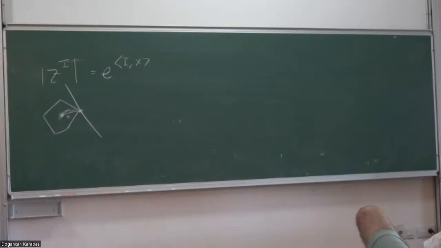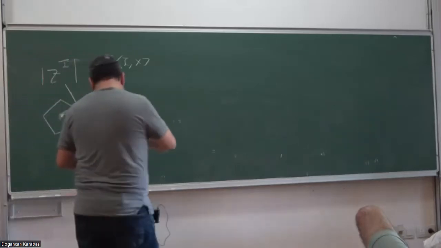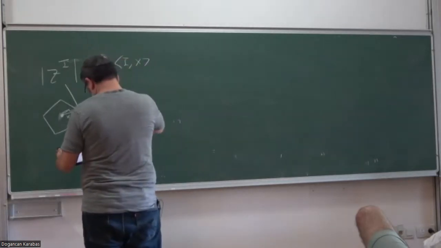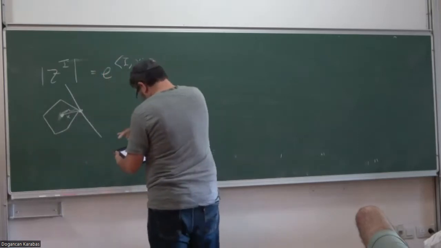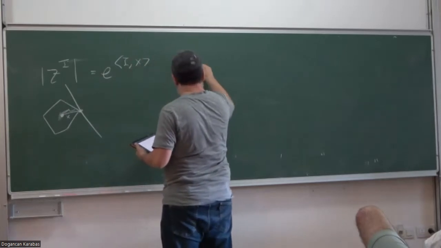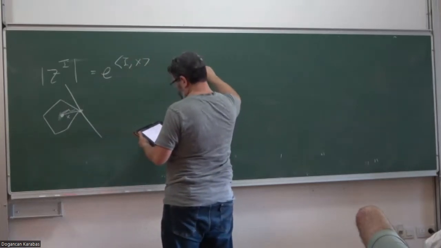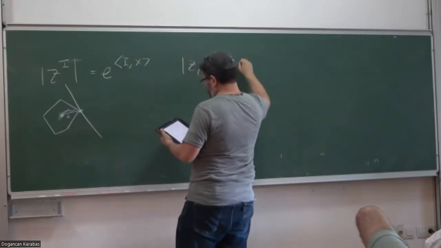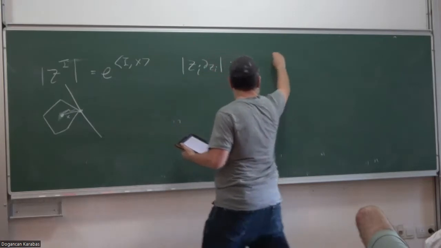We talked about last week, when we look at Rn, we have lambda star to the n. First, let me complete this, and then I will complete the sentence that I just started. Okay, so this is the norm of z to the I, and then the norm of zi, dzi, for each I, is 1.